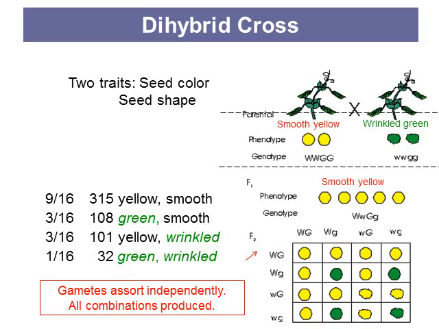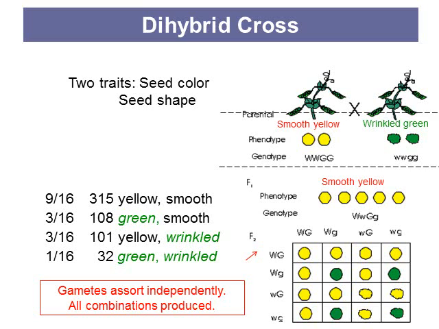So if you took all the sperm and you typed them, 1/4 of them would have both dominants, 1/4 of them would have one dominant, one recessive, 1/4 would have one recessive, one dominant, and then 1/4 would have recessive-recessive. What you get here, because of this more complex thing, is now you have to combine them all across.